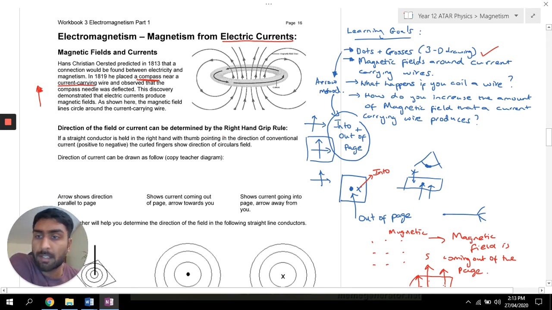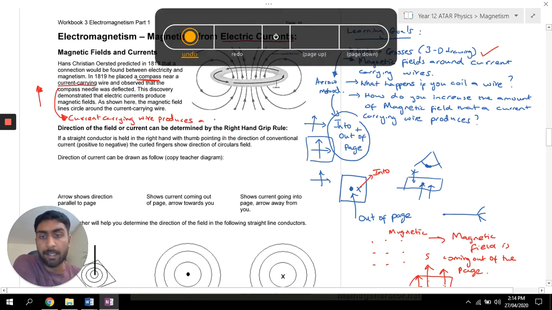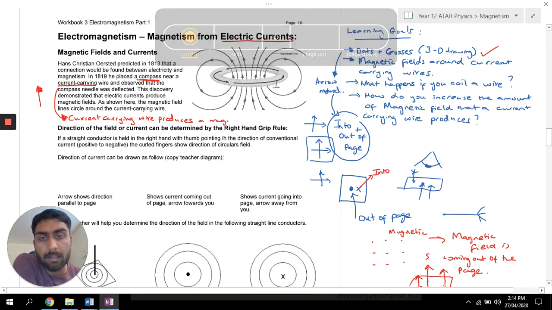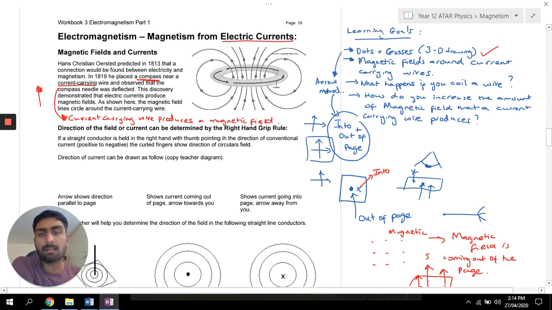He showed that a current-carrying wire produces a magnetic field. So the next question you might ask is, well, what type of magnetic field?